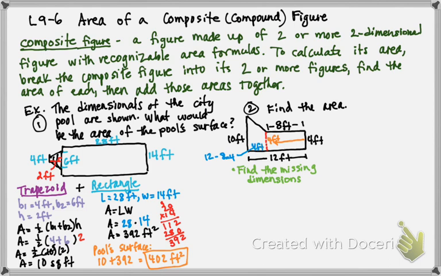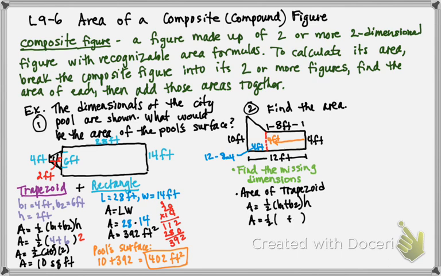Okay, so now I'm going to figure out the area of the trapezoid. So I'm going to get A equals 1/2 the sum of the bases times the height. So I'm going to plug in the numbers, and I get area equals 1/2.